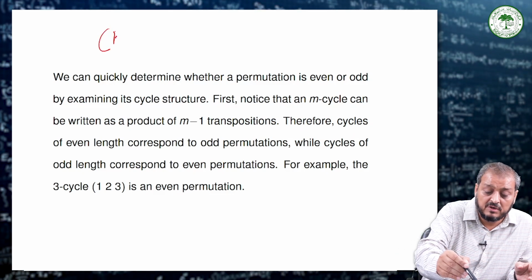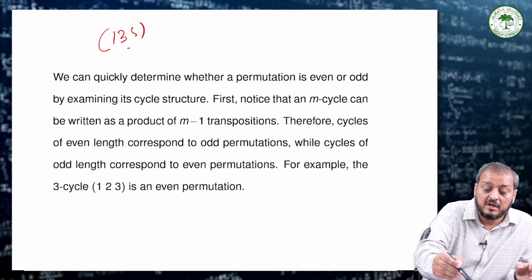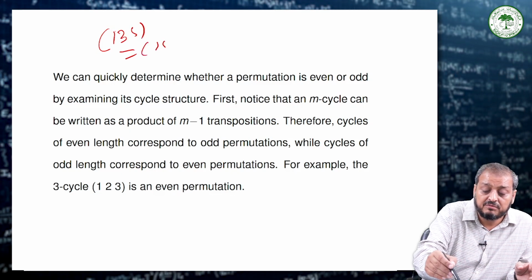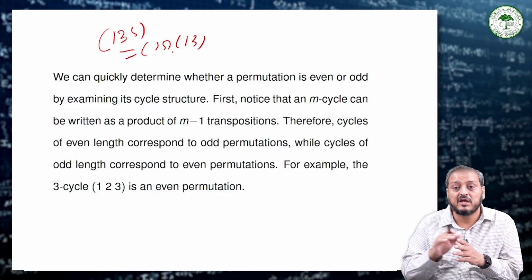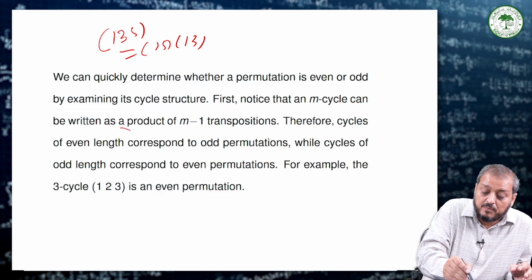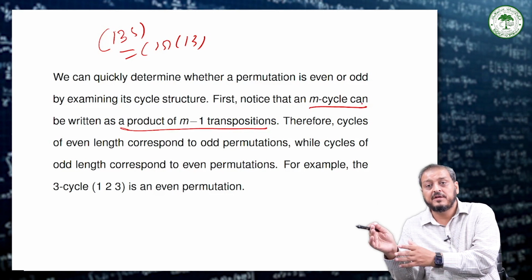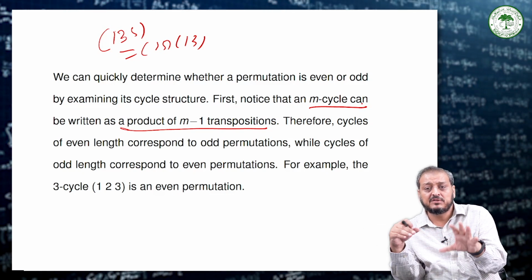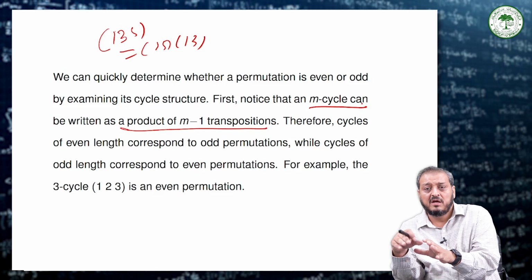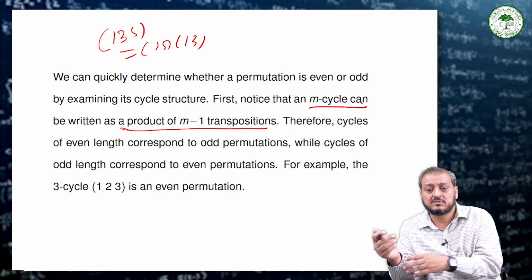For example, 1 3 5 is a 3-cycle, and we can write it as (1 5)(1 3). So every m-cycle can be written as a product of m minus 1 transpositions, or m minus 1 2-cycles.